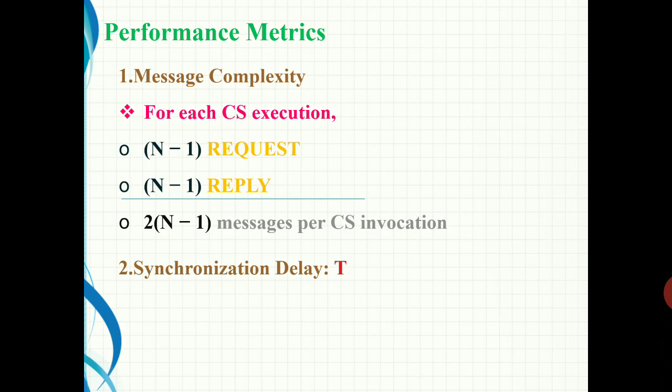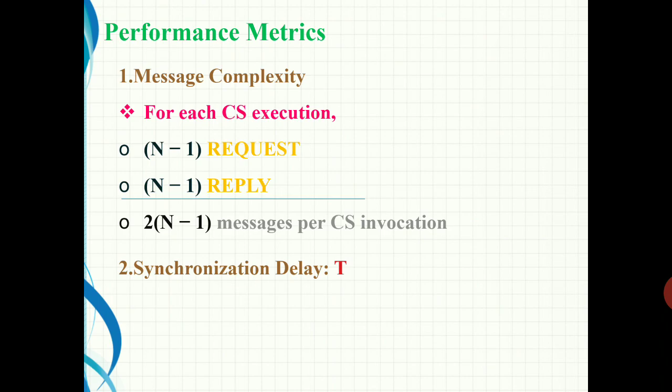The message complexity says the number of messages required per critical section by a site. So to enter a critical section, a site needs to send n-1 requests, that is, it needs to send the request message to all other n-1 processes.